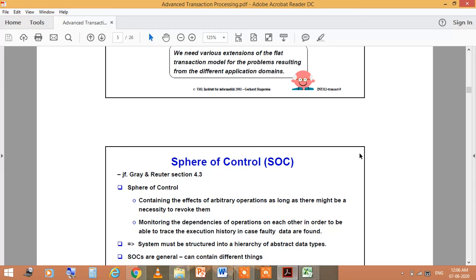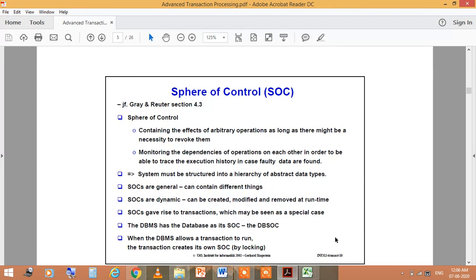Then sphere control, in short SOC. In sphere of control, we contain the effects of arbitrary operations, as long as it might be necessary to recover them.